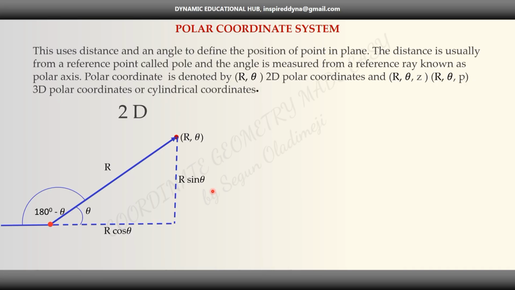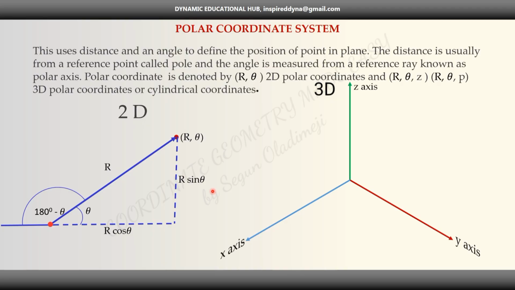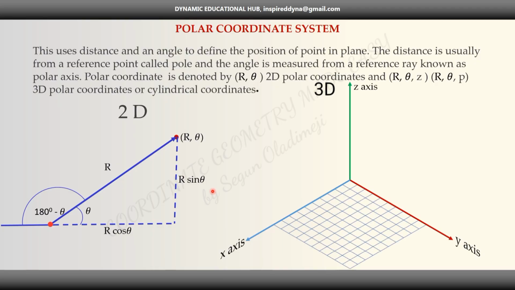Then for the cylindrical coordinate system, the first thing is we have the axes in 3D form, which is our x, y, and z axes. You have it here. Now we are talking about the 3D form. So you have your x, y, and z. Now, looking at this floor here, we have what we call the xy plane.